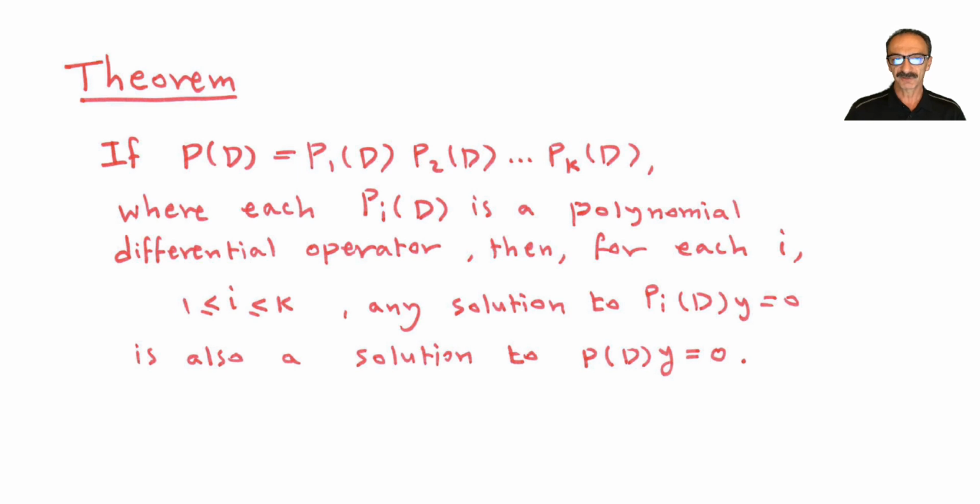If P(D) equals P1(D) P2(D) all the way to Pk(D), where each Pi(D) is a polynomial differential operator, then for each i from 1 to k, any solution to Pi(D)y equals 0 is also a solution to P(D)y equals 0. So any solution to this right here will be a solution to this. Any solution to this will be a solution to P(D)y.